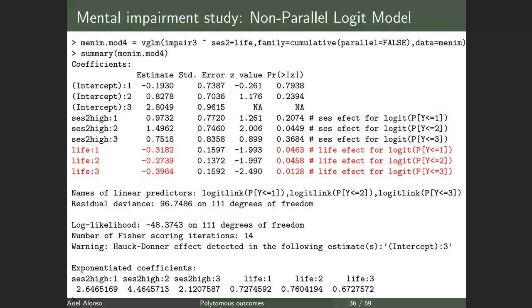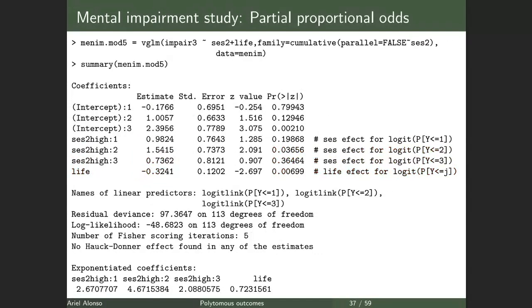Here I see more variability, but these ones are very similar. So it makes sense in this case to try to fit a partial proportional odds model. And what I'm going to do is consider that the effect of life events is the same for all the logits, but I'm going to allow the effect of socioeconomic status to depend on J.